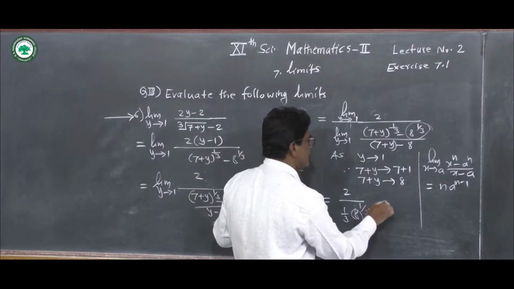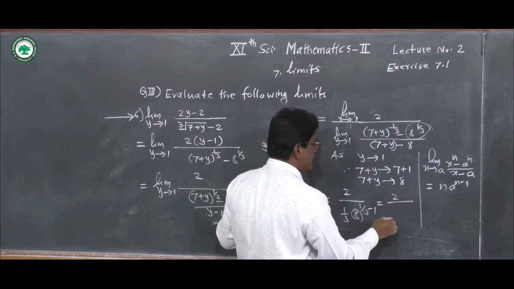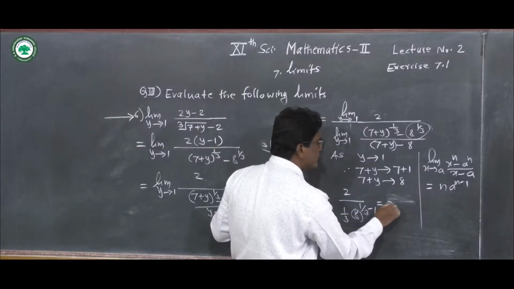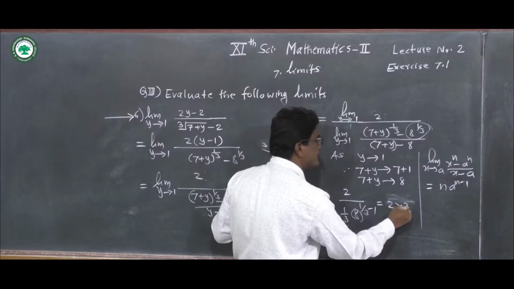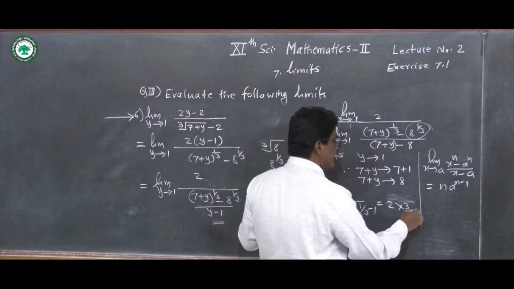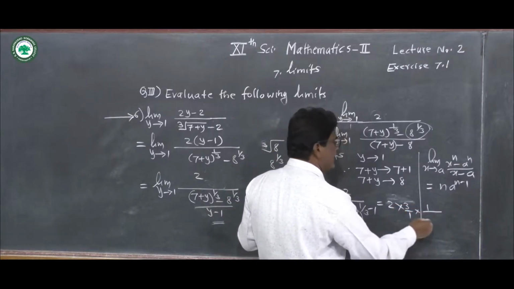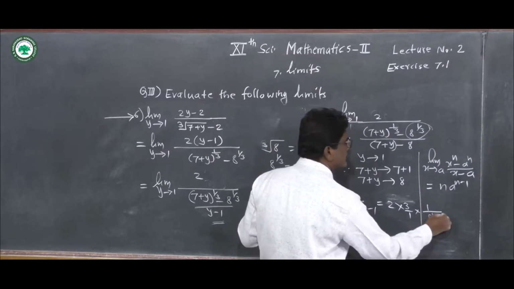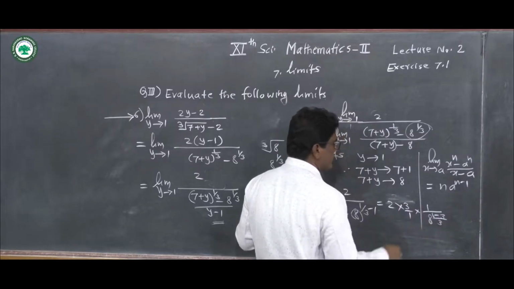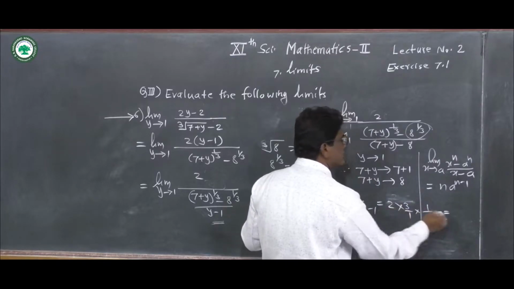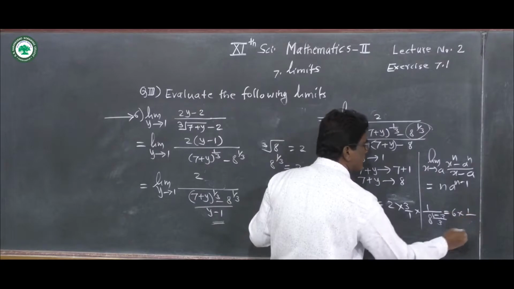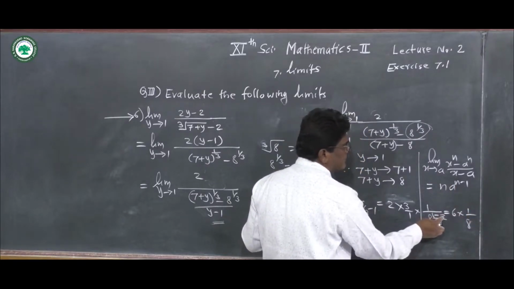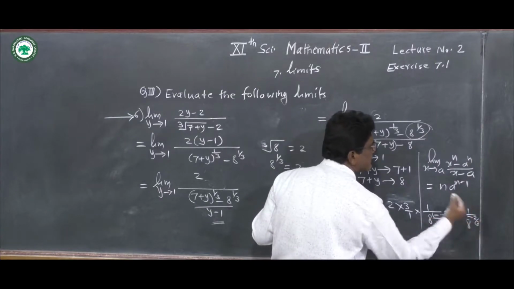So the solution is 2 upon this 1 by 3, or we may write 2 into 3 by 1 into 1 upon 8 to the power 1 by 3 minus 1, and 1 by 3 is divided by 3. So it is equal to 2 into 3, 6, into 1 upon 8 to the power 1 minus 3, where 1 minus 3 means minus 2, so minus 2 by 3.